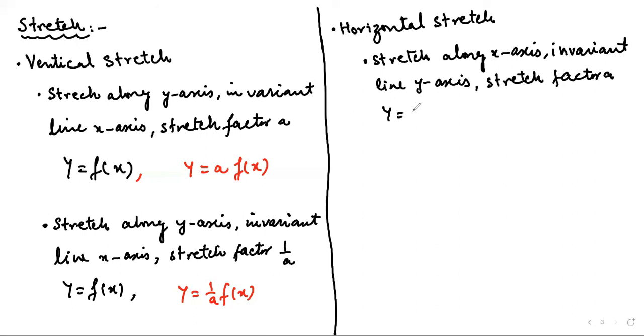If the equation of the curve is y is equal to f of x, then the transformed curve has the equation y is equal to f of 1 over ax. We will divide the x coordinates with a.